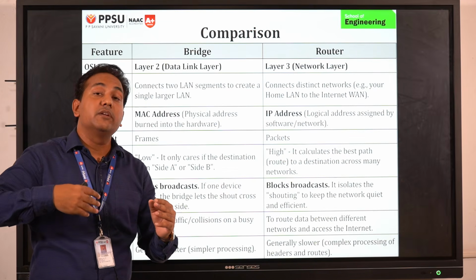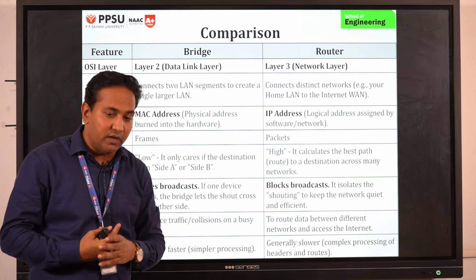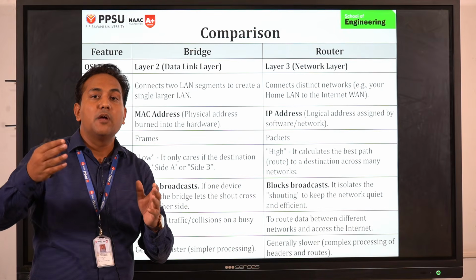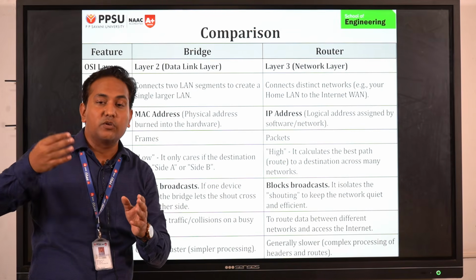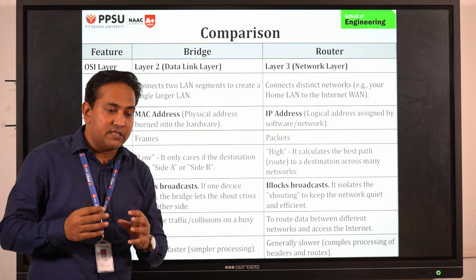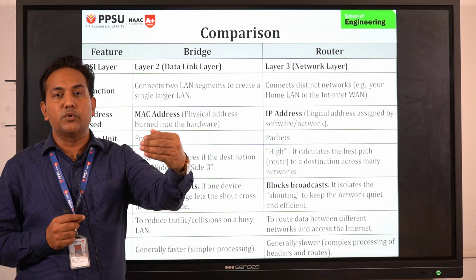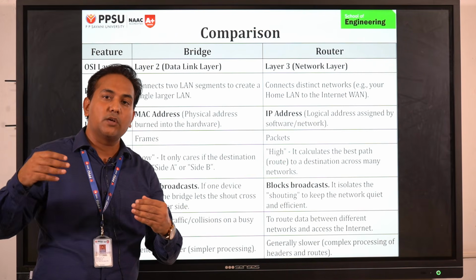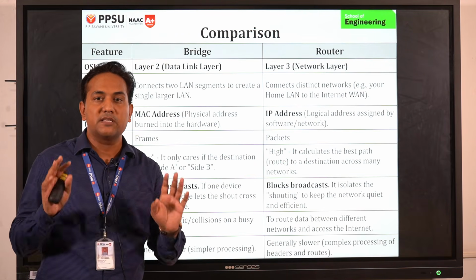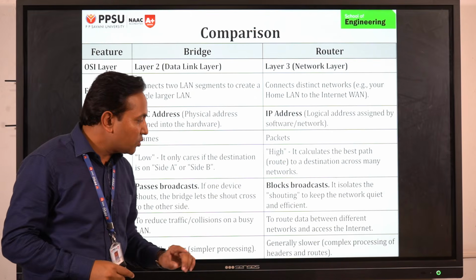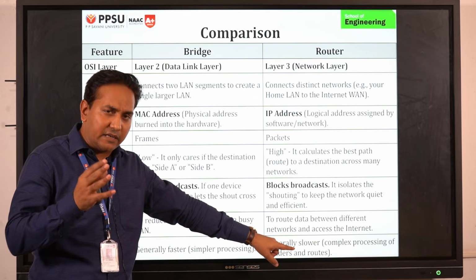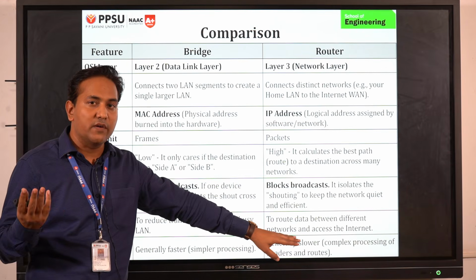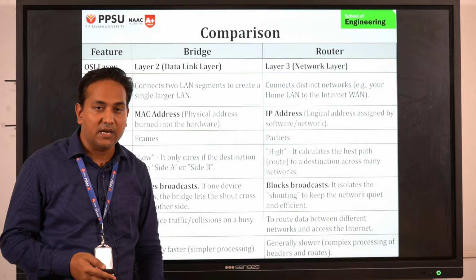Later in computer networks you will learn that there is parallel route finding, so the network always keeps the next best route ready. If one gets disturbed, another takes over, and you get seamless internet connectivity. That's why the router is relatively slower, but it is also very fast nowadays with technological advancement.